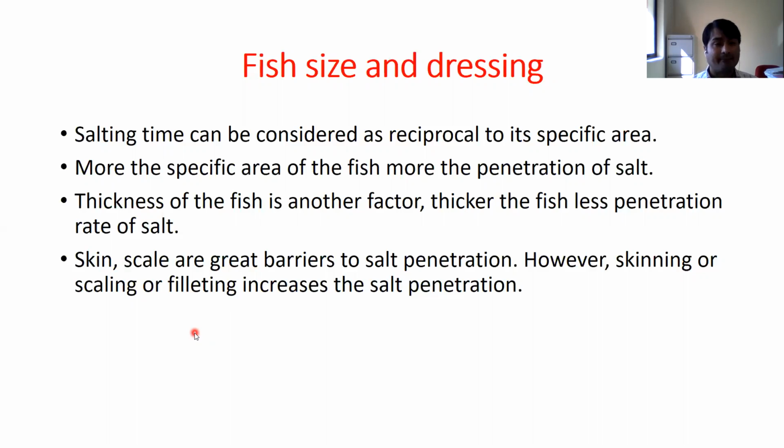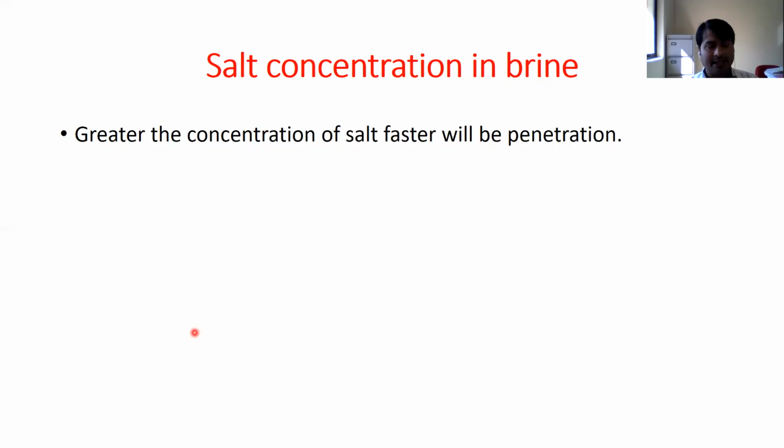So these are some factors. Then salt concentration in the brine, जो brine हम बनाते हैं, if the salt concentration in the brine is more, that means greater the concentration of salt in the brine, faster the penetration of salt to the product. जो ब्राइन बना रहे हैं उसमें अगर ज्यादा कंसेंट्रेशन का सॉल्ट है तो salt penetration to the fish or to the product will be faster.